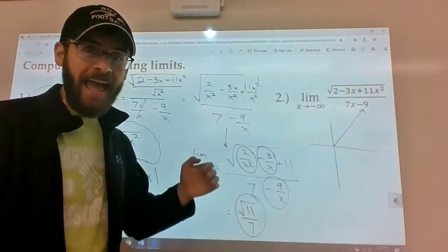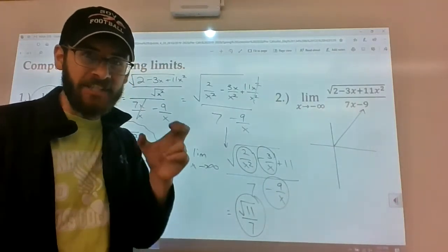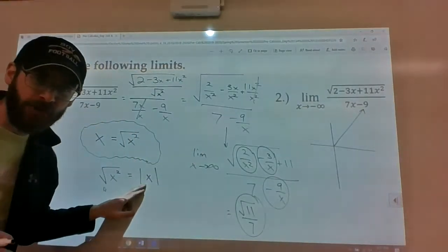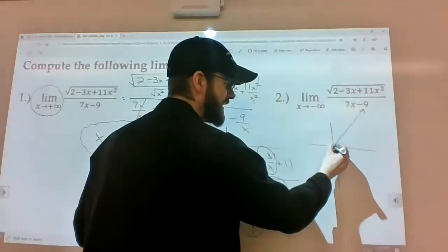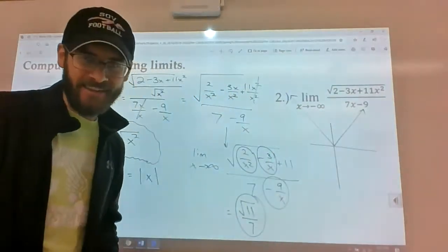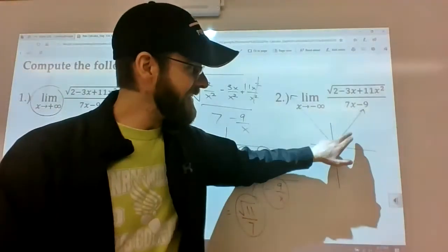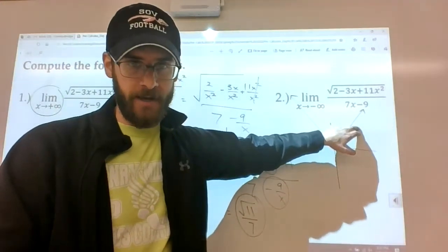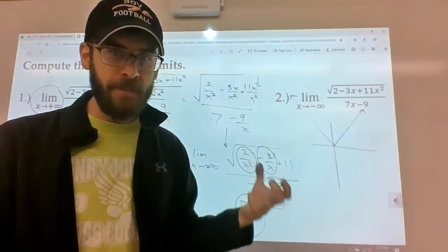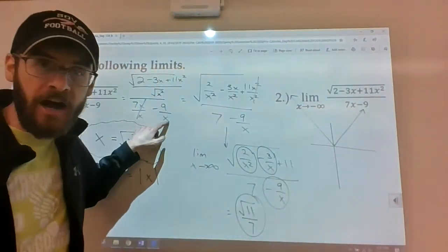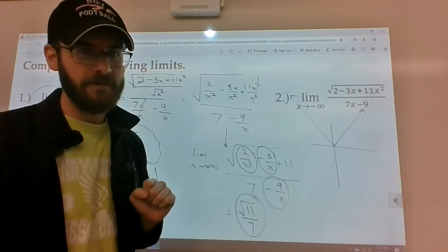When x approaches infinity, its behavior, because remember the absolute value graphs? They look like this. That is the part that you were dividing by, which basically mimics the behavior of y equals x. That's why we divided by positive x.